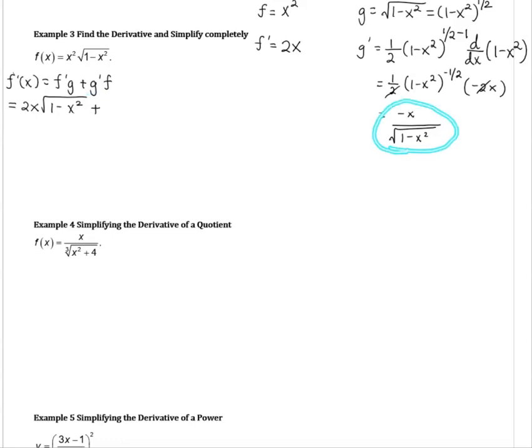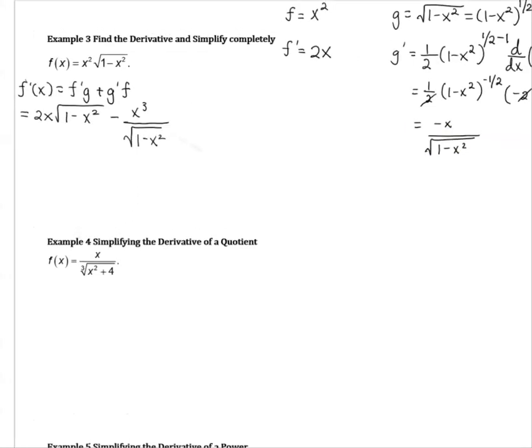Here's g prime. Multiplying that by f is going to give us a negative x cubed in that numerator. So I'm going to erase this plus sign and put a minus x cubed in the numerator. The denominator will still be the square root of 1 minus x squared coming from there. So we have our derivative.